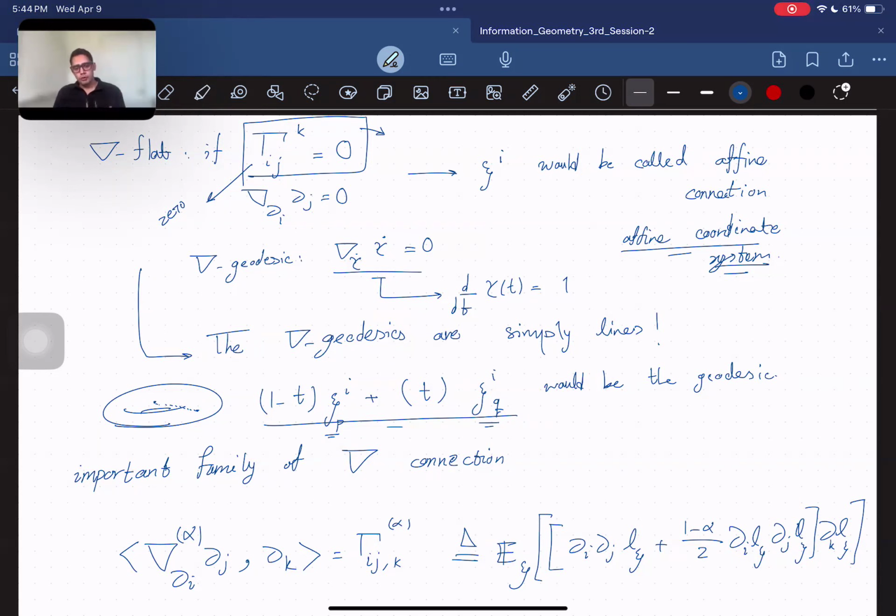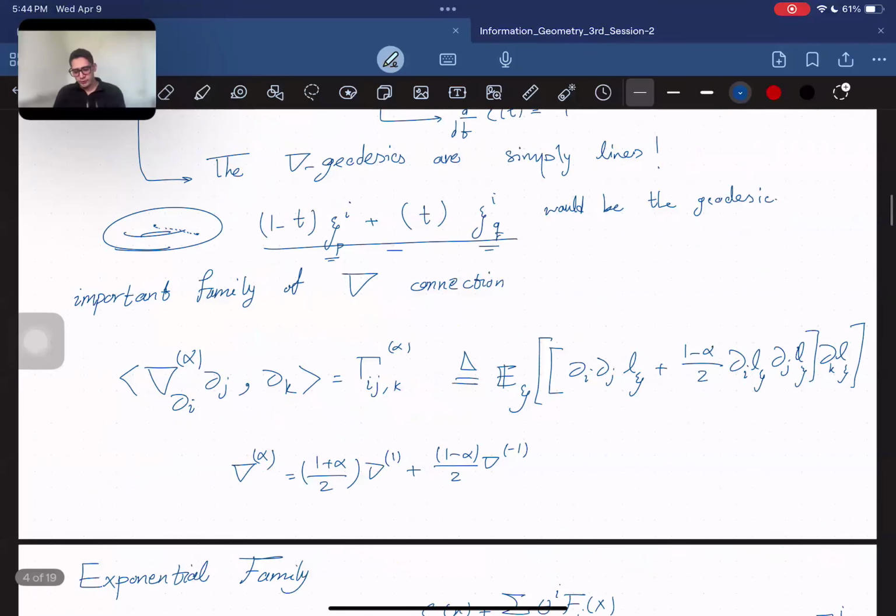But before going there, I want to introduce you to one of the most important concepts in information geometry. We would later see a lot of relationship between these affine connections and divergences and the whole concept of information.